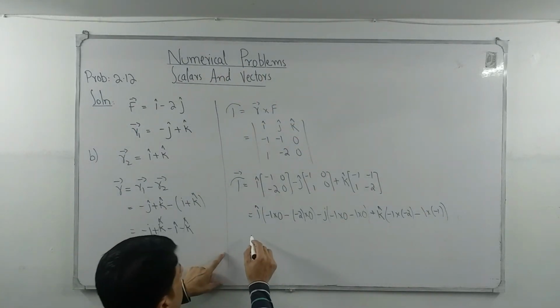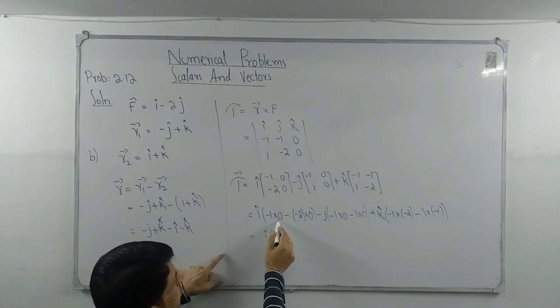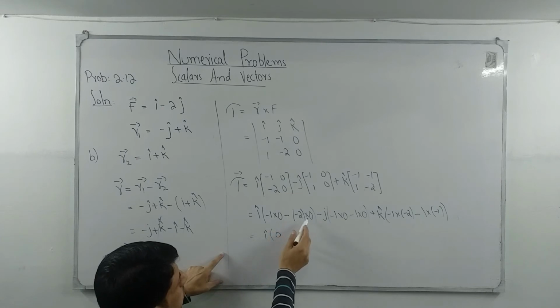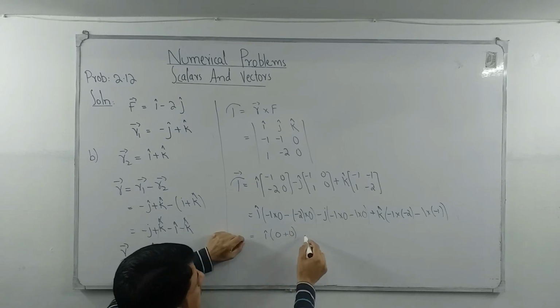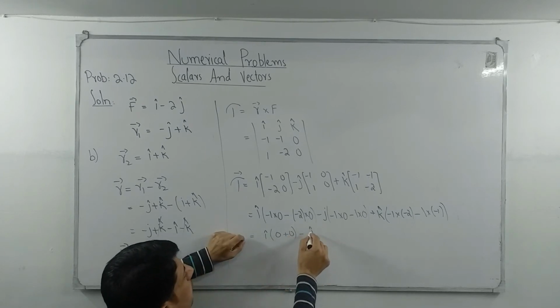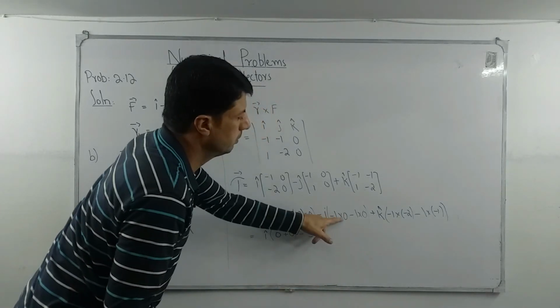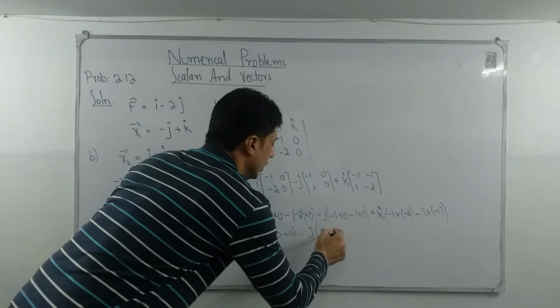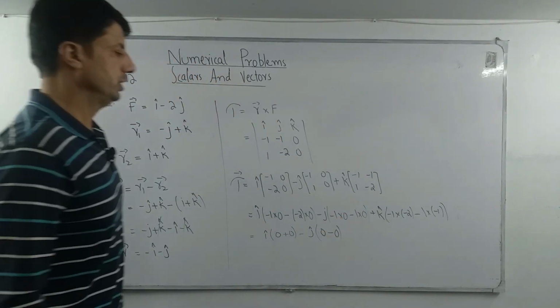Now I is here: 0, minus 1 multiplied by 0 is 0, and minus 2 multiplied by 0 is 0. Similarly, minus j will be in its own place, and again minus 1 multiplied by 0 is 0, so it is 0 minus 0 j.